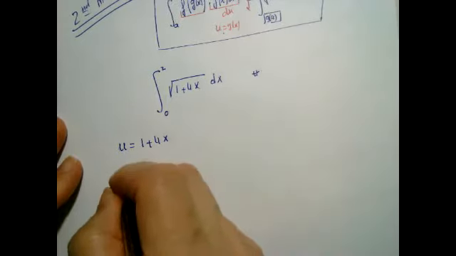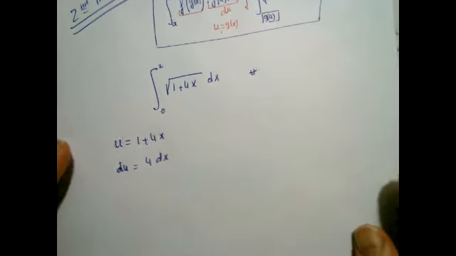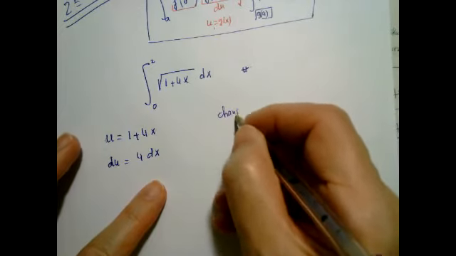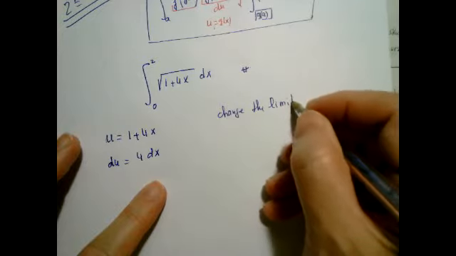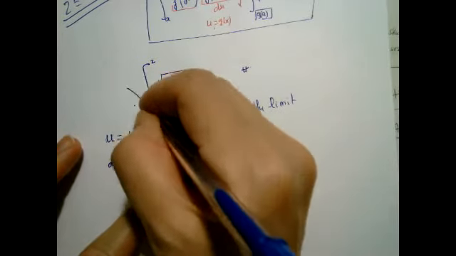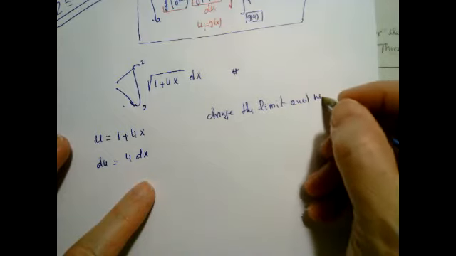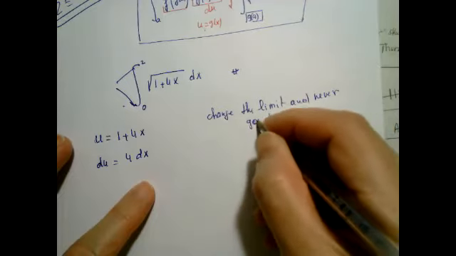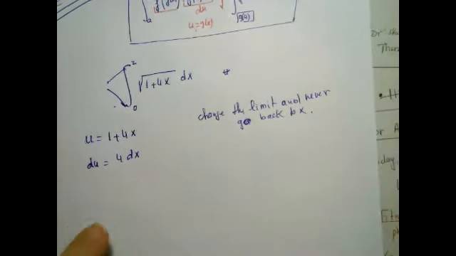The du is 4 dx. Nothing changed so far. The only thing here is I'm going to change the upper and the lower limit, and never go back to x.